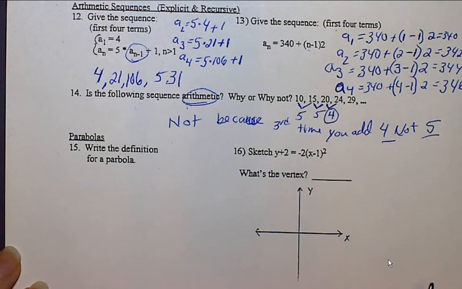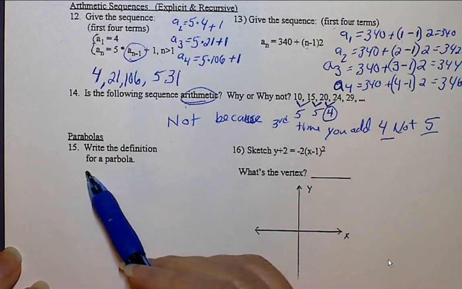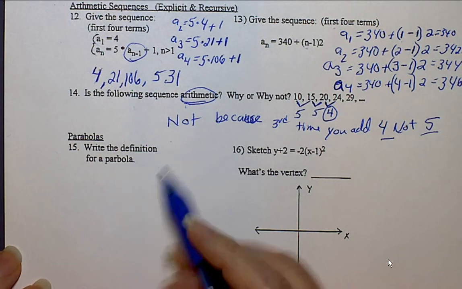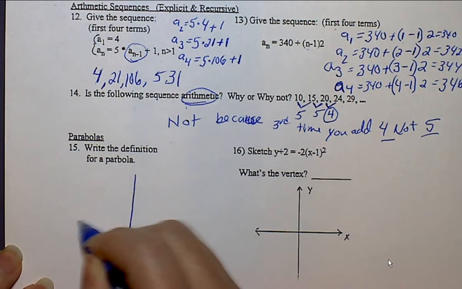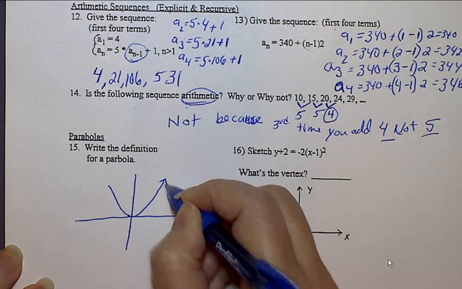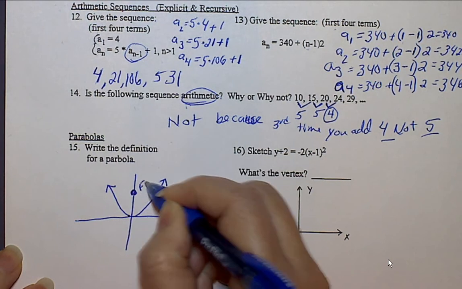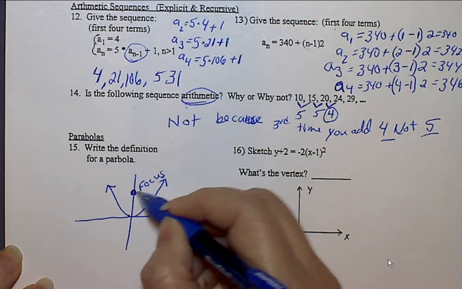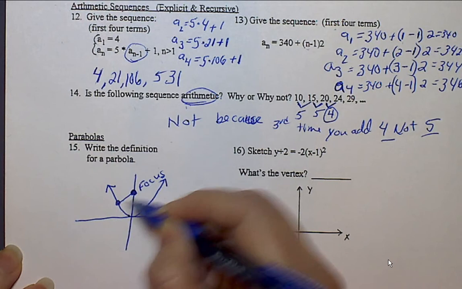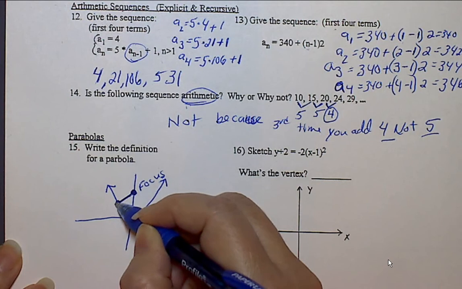Alright. Now it says to write the definition of the parabola. You can look up the definition in your book, but what you need to know is this: if I have a parabola, by definition, a point that's not on the parabola, called the focus, to a point that's on the parabola is the same distance as the distance from that point on the parabola to the directrix.